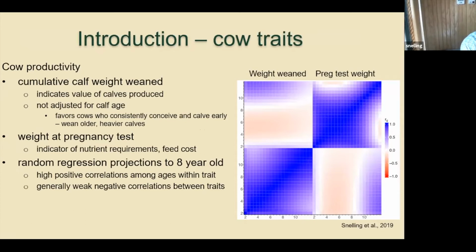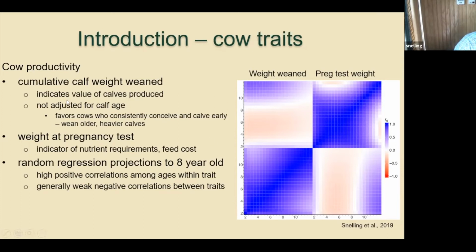And we've also done some work on cow productivity traits using random regression models with cumulative traits. For this work, I'm just focusing on weight weaned, where it's the total weight that a cow weans over several years.